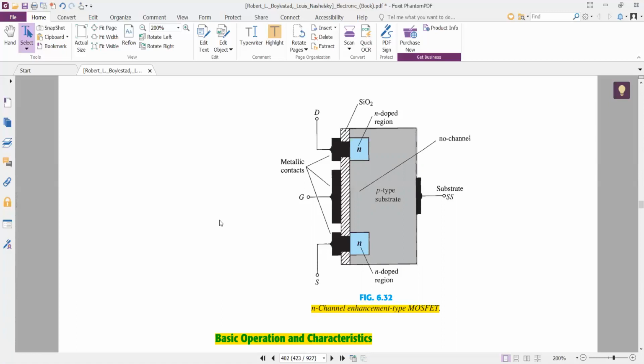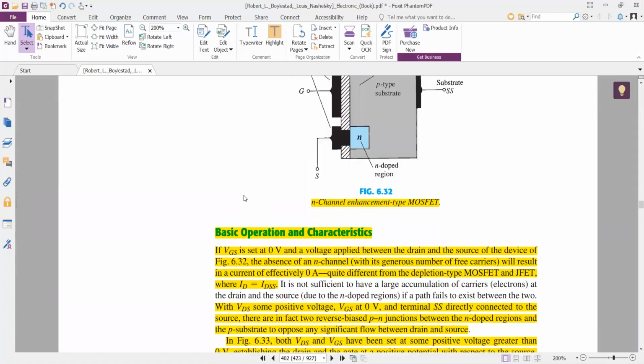So the current from drain to source goes on increasing until the saturation point is reached. While in this case, when VGS is equal to 0, no current flows from drain to source. This is the main difference.